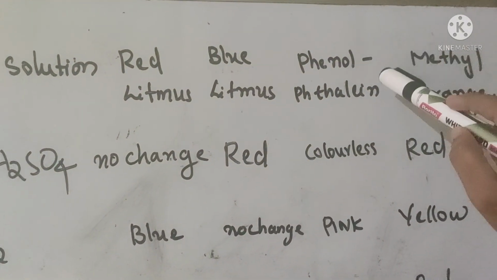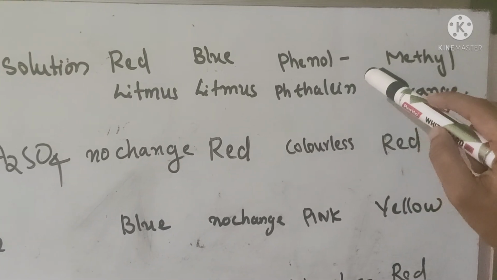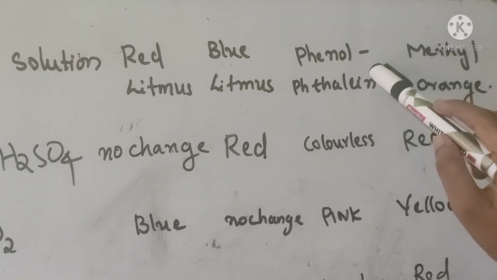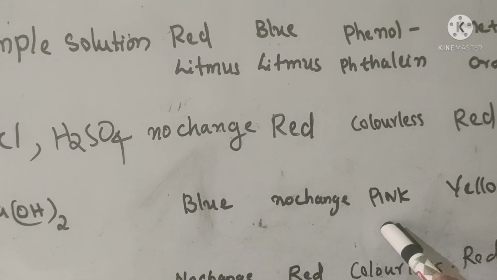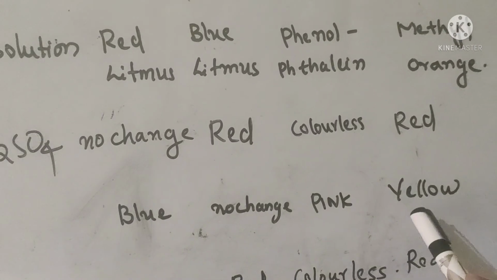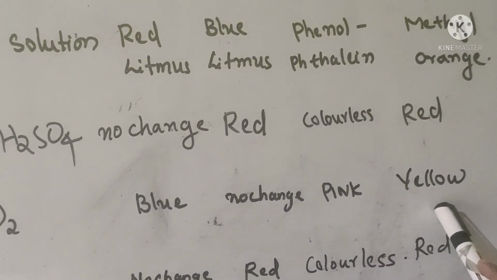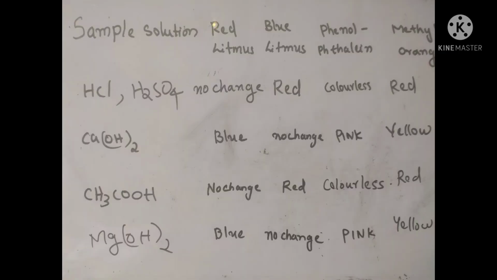If the indicator is phenolphthalein, pink color can be observed because phenolphthalein gives pink color in basic solution. And if the indicator is methyl orange, it gives yellow color. Other examples are acetic acid and magnesium hydroxide.